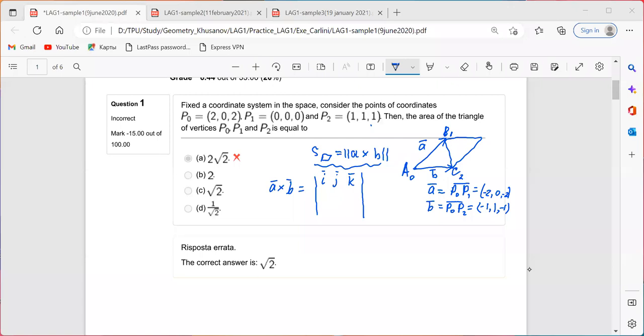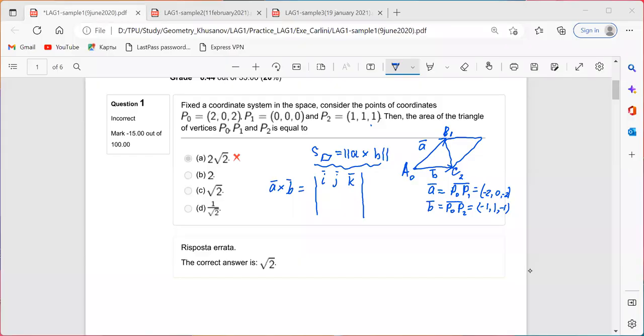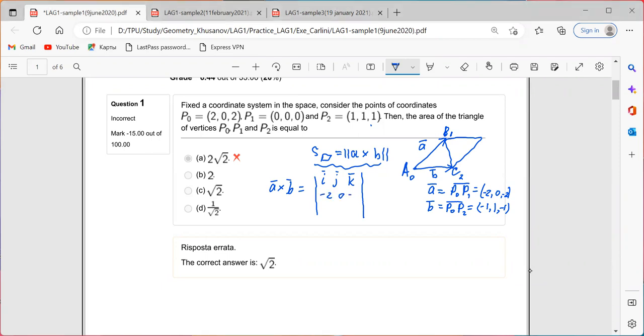So now the second row will be the coordinates of vector A. We can put them here: minus 2, 0, and minus 2.